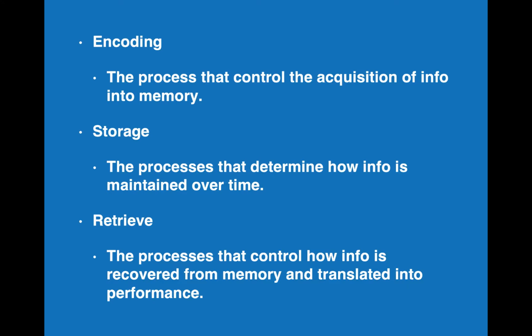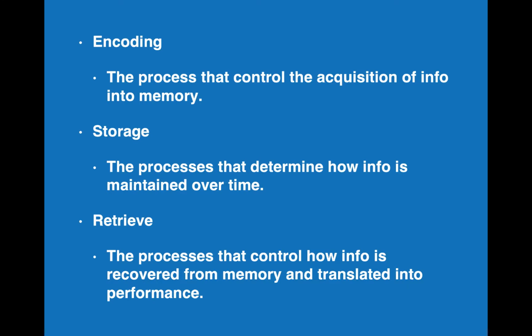I mentioned that short-term memory can transform into long-term memory by way of three aspects: first encoding, second storage, and third retrieval. These encoding, storage, and retrieval are three aspects of long-term memory.